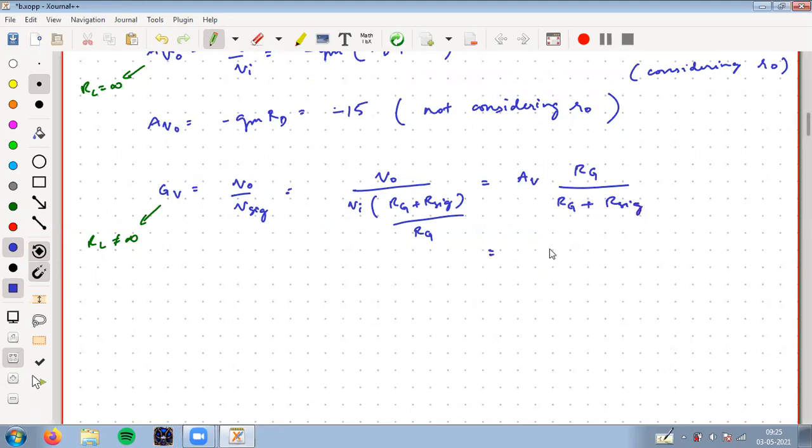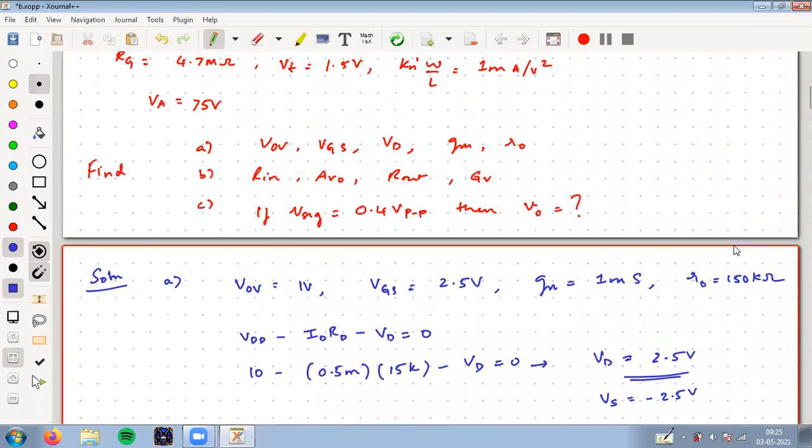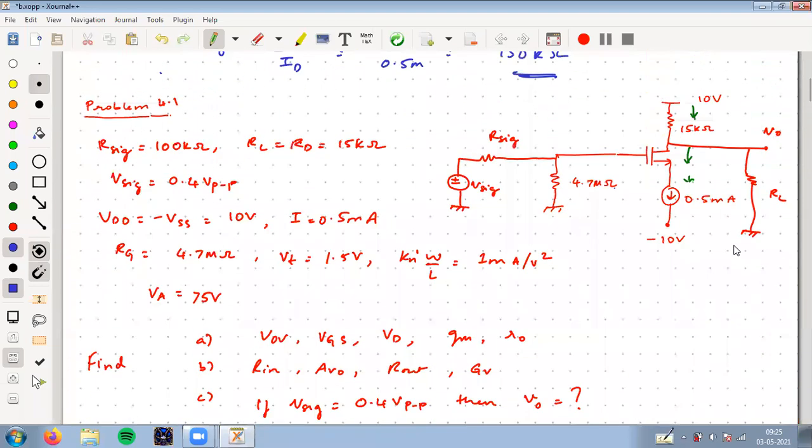So remember this is AV, not AV0. So it is minus GM into RD parallel R0 parallel RL into Rg divided by Rg plus R signal. If you put all the values here, GM is 1 milli, RD and RL are 15 kilo ohms, R0 is 150 kilo ohms, Rg is 4.7 mega ohms, R signal is 100 kilo ohms.